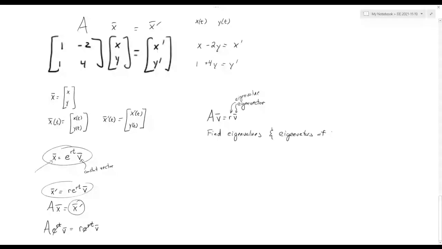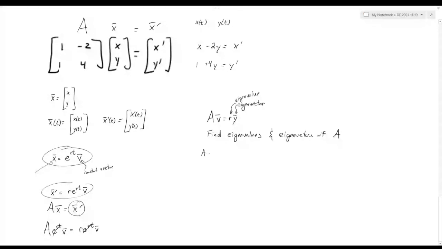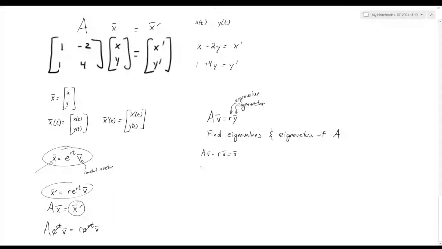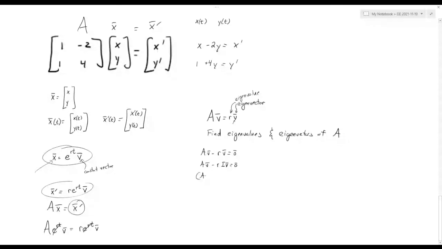All right. Now, we say that r is an eigenvalue if there's a non-zero vector, an eigenvector, which satisfies that equation. If we bring this to the other side, this is just a reminder of how to find eigenvalues. Then we pad this with an identity matrix. Identity times v is just v. Then we can factor out this eigenvector.